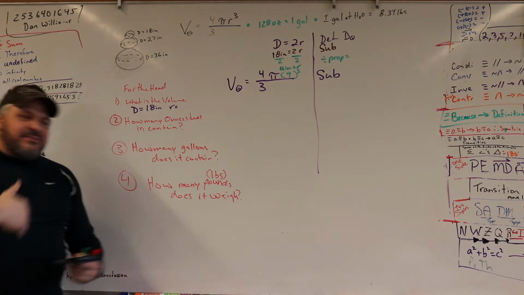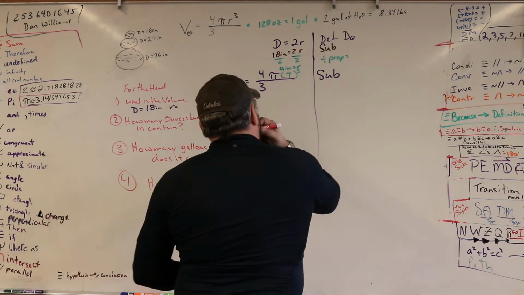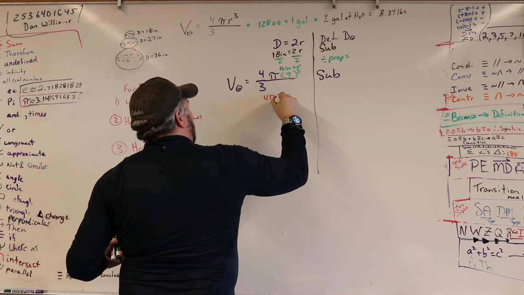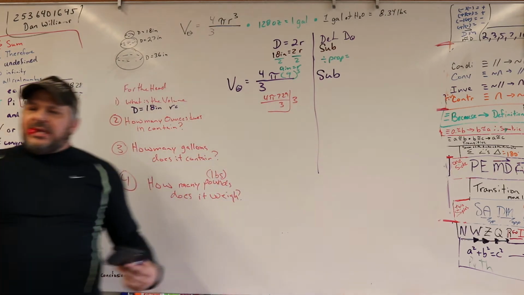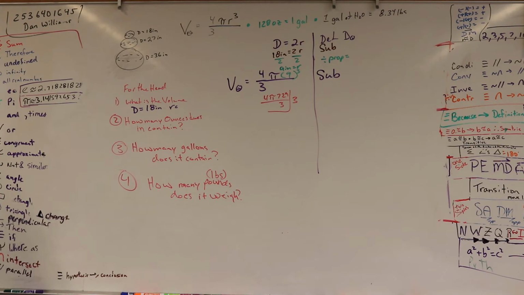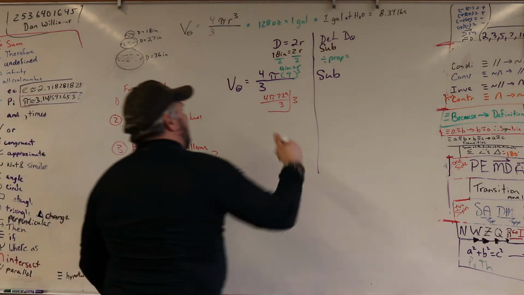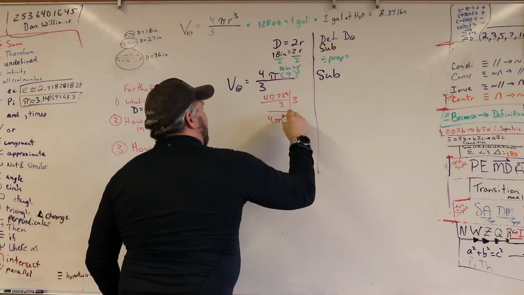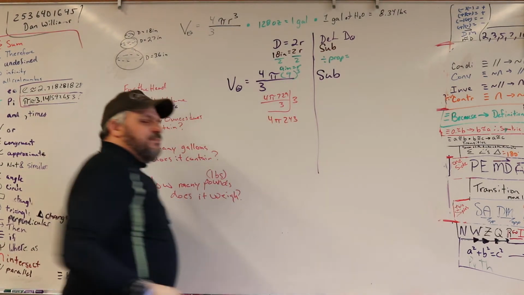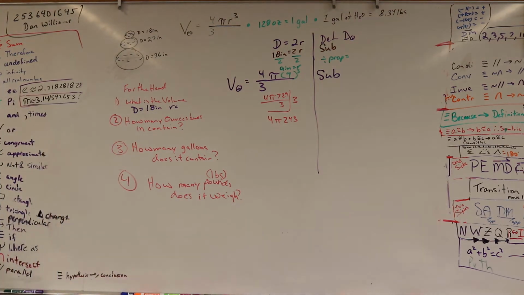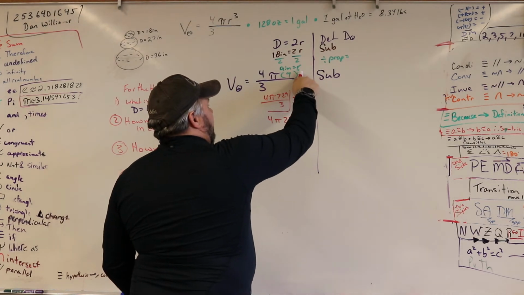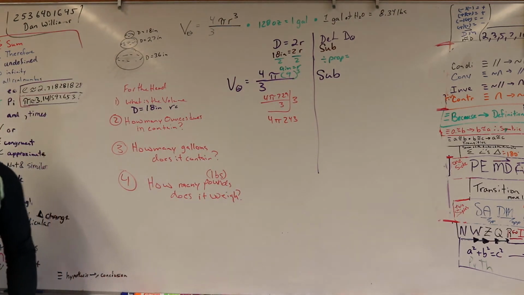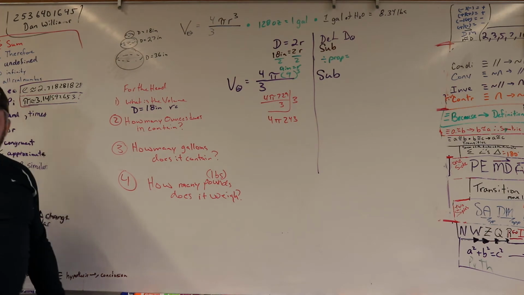I'm going to take that 729 and divide by 3, so I'll take out that 3. I divide 729 by 3 and get 243. So I get 4 pi times 243, which is still 3 to the, well, instead of 3 to the 6th power, it's actually 3 to the 5th power.